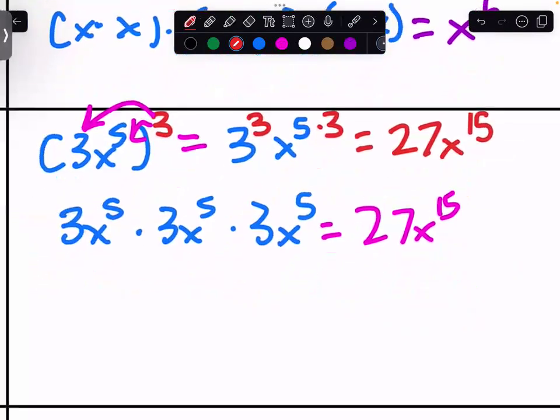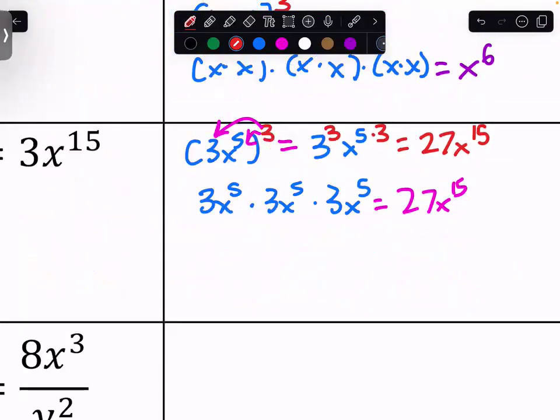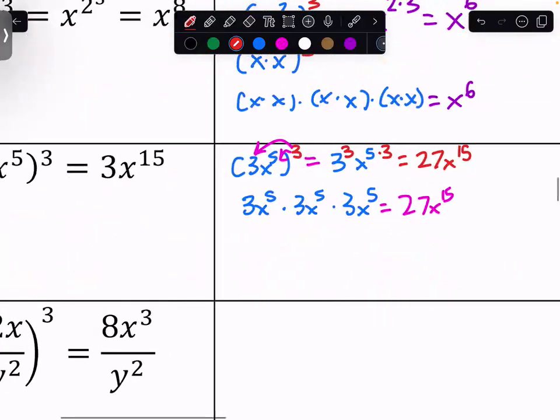What we want to see here is that when a parentheses has an exponent, both the letters and the numbers are affected by that exponent. That coefficient of 3 in front does get affected by the exponent also. Both parts of the parentheses are affected by the exponent.